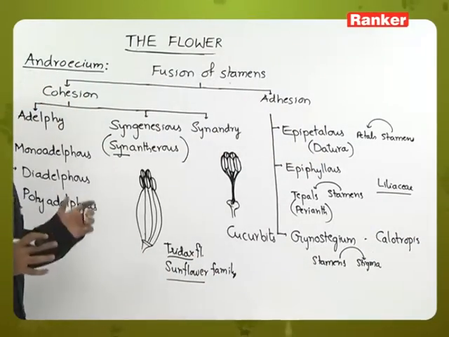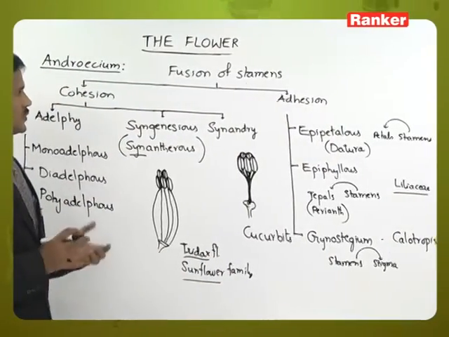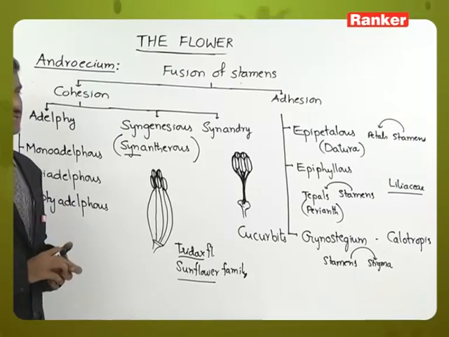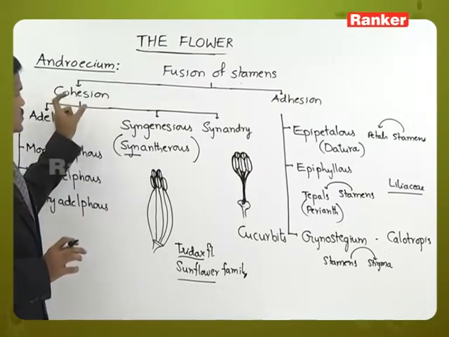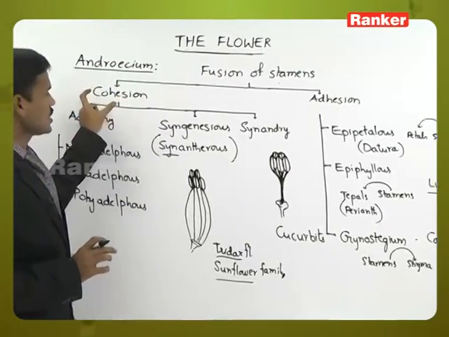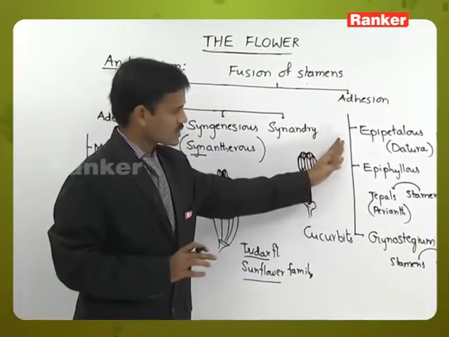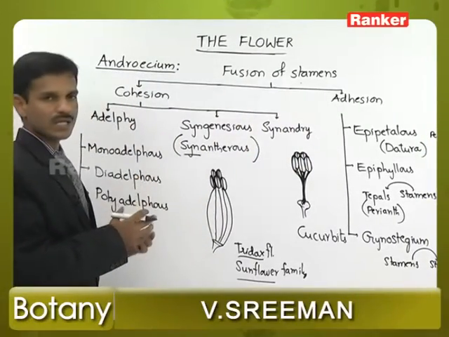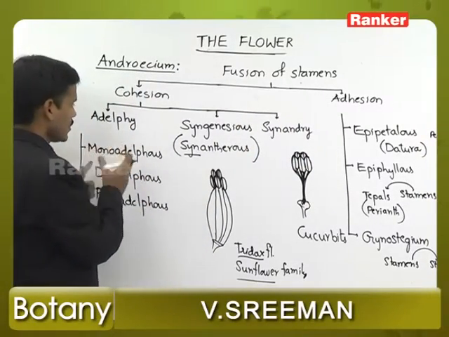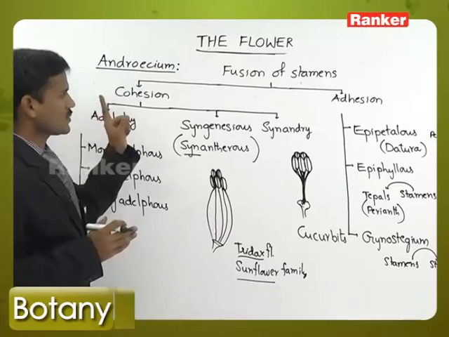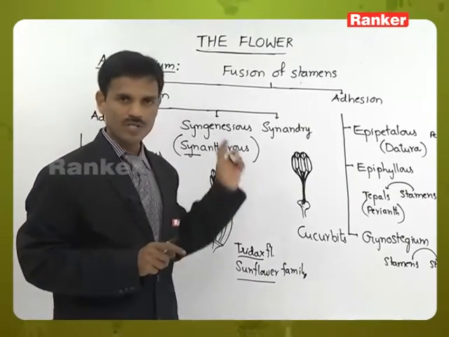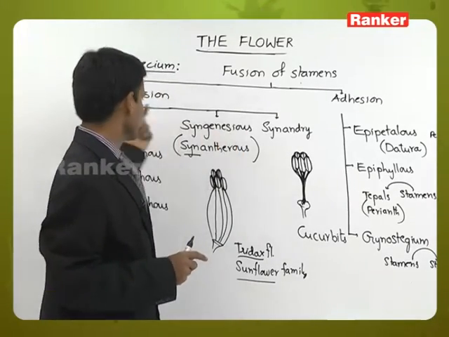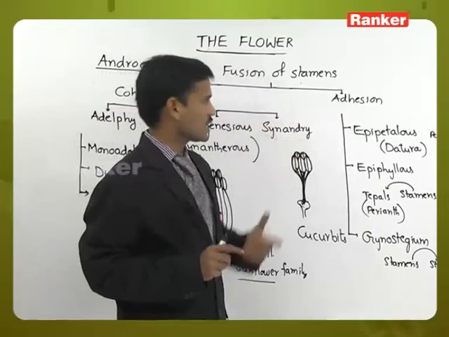So these are the different types of union or fusion of stamens. Stamens are attached to different floral parts, or sometimes the fusion takes place among the stamens. Mainly two types: cohesion and adhesion. Cohesion is of different types: Adelphi, syngenesious and synandry.